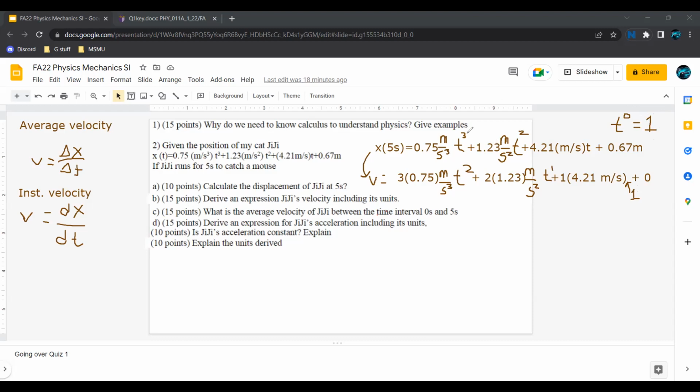In case you didn't follow, the 3 comes out and puts itself right there. Same thing here, the 2 comes out and puts itself right there. Then you subtract by 1. This is an imaginary 1 up here. You take it, put it down there, and subtract by 1.